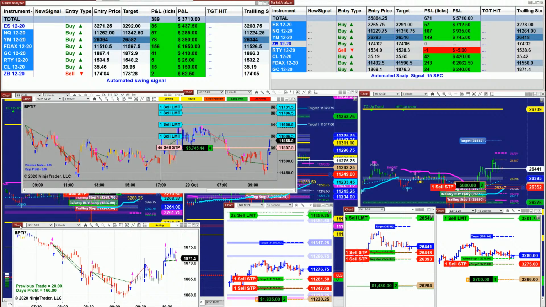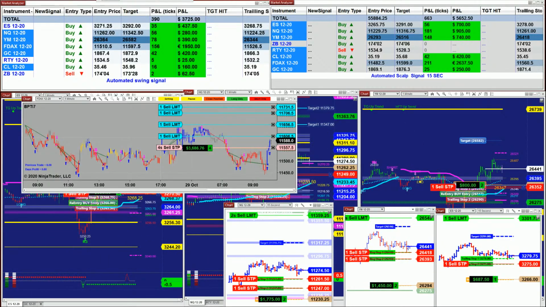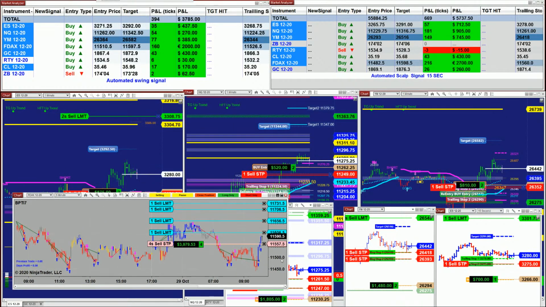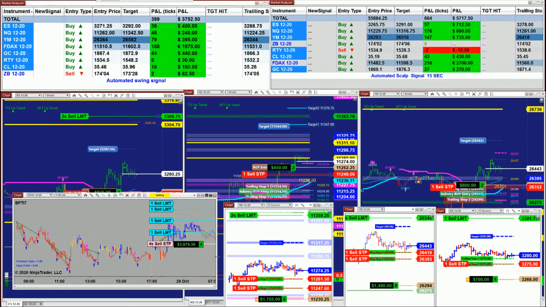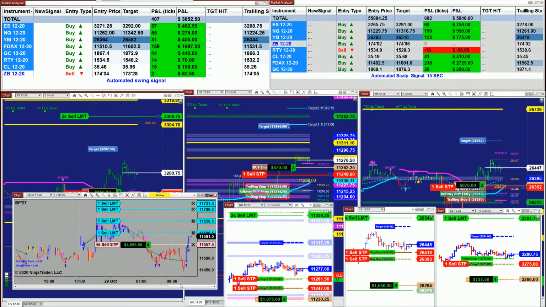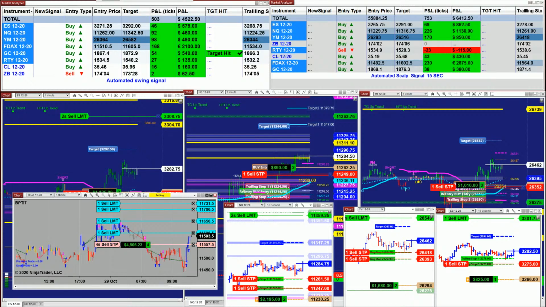Okay, I'm so glad the gold is done on that trade. And we still have the DAX. The one in gray is the TI7.